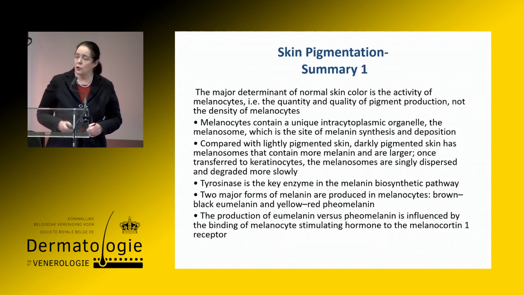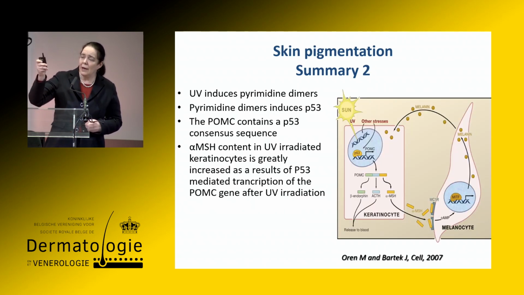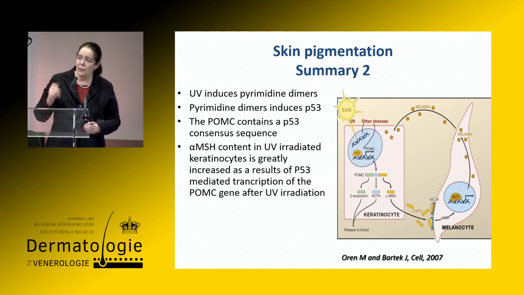So this first summary gives a bit of what I just explained to you and summarizes all the elements inducing pigmentation. Finally, we have UV inducing pyrimidine dimers. Pyrimidine dimers induce P53. P53 will activate the transcription of POMC, because it contains a consensus sequence.